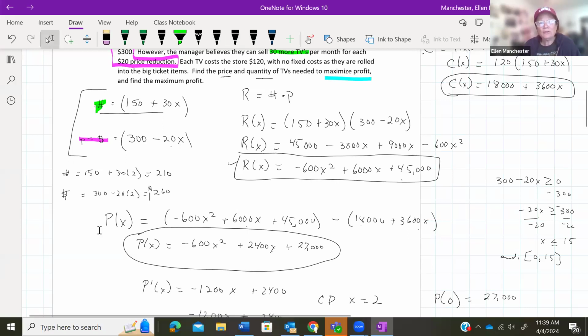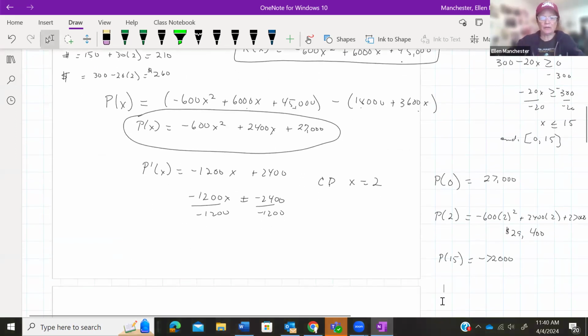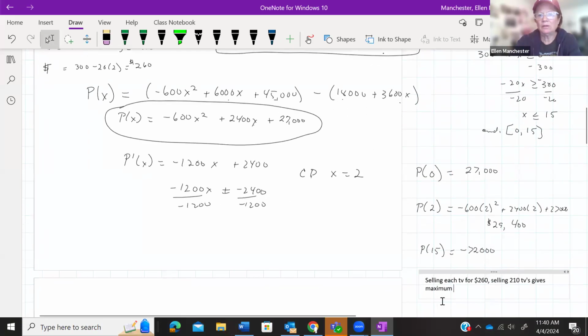Okay, so here's what this means. I'm going to type this in here, and then I can move it. Selling each TV for $260, selling 210 TVs gives maximum profit of 29,400.